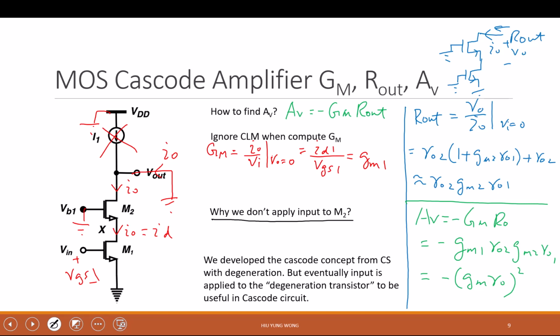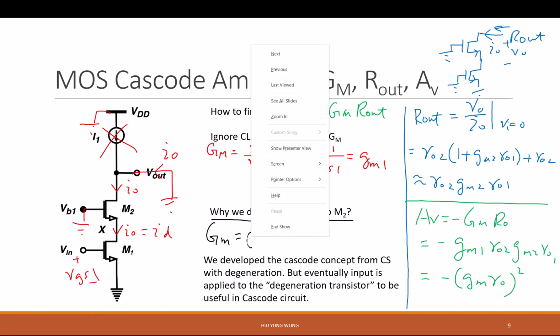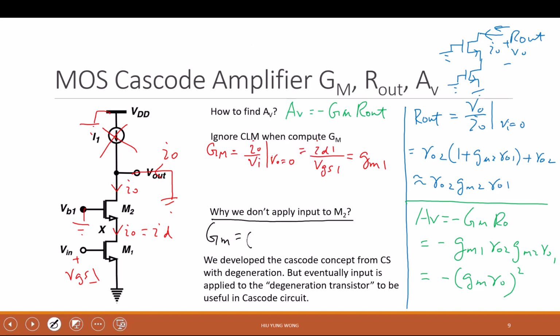Of course, by definition, Cascode has the input at the bottom, but we could have applied it to the top transistor, because if we apply to the top, the GM is just the GM. What type of circuit does it become if I apply to the top? Beyond common source, is it only common source?